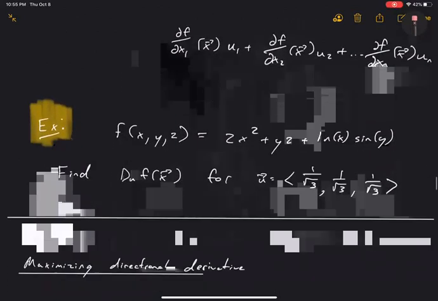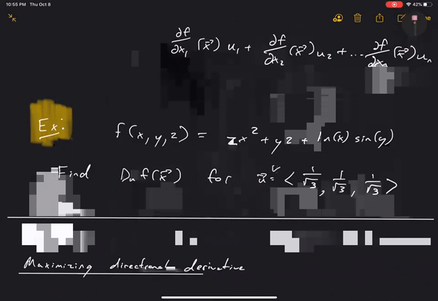So let's see an example. Let's say f of xyz is equal to this. This is a z, not 2. So z x squared plus yz plus ln of x times sine of y. So let's find the directional derivative d sub u of f of x for this unit vector u.